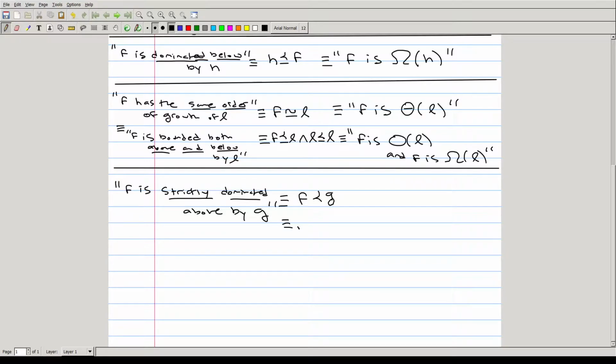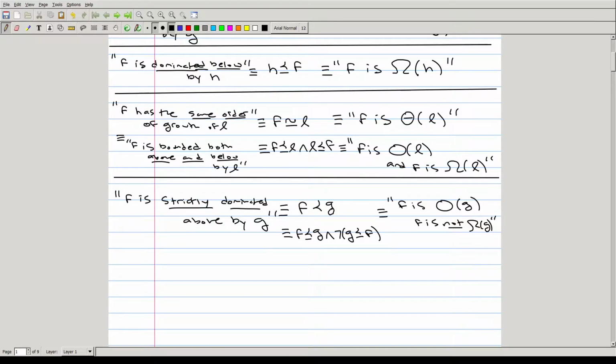This is the same thing as saying that f is dominated above by g and the negation of the statement, g is dominated by f. Or in the Landau notation, this is f is big O of g and f is not big omega of g.